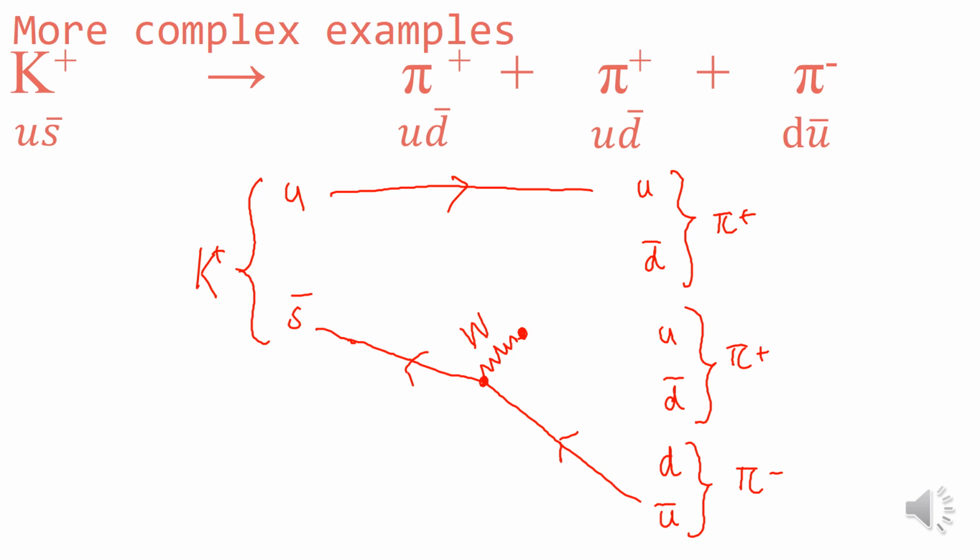An anti-strange has a charge of positive 1/3 because it's an antiparticle, so it's switched around. A strange has a charge of negative 1/3, but an anti-strange has a charge of positive 1/3, and it's going to an anti-up.